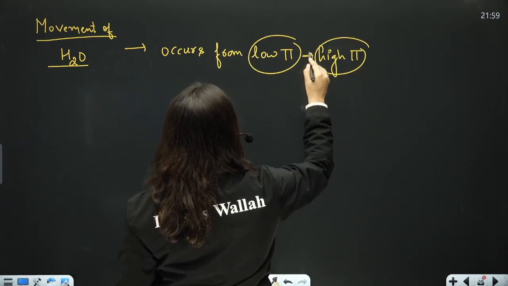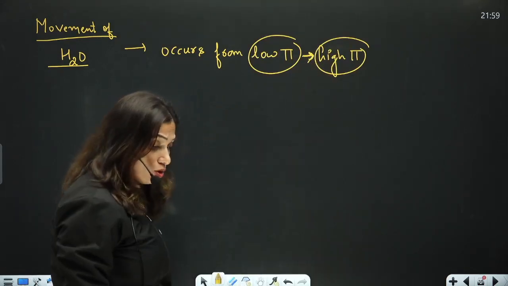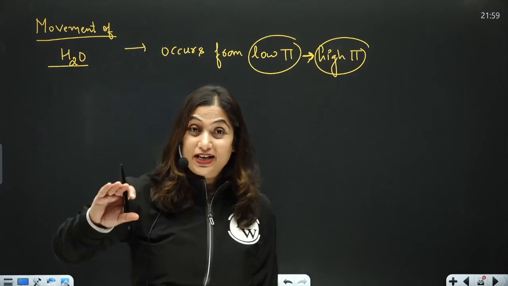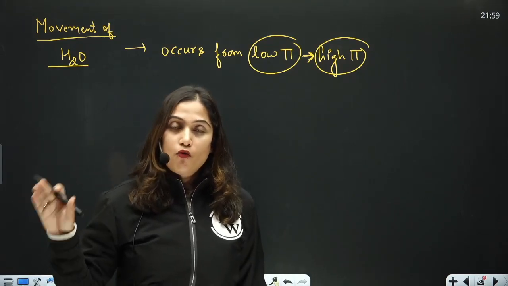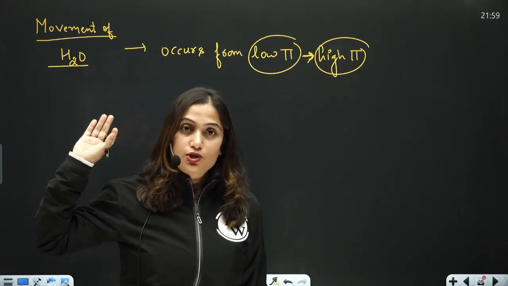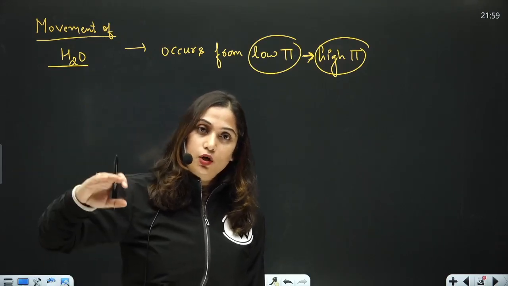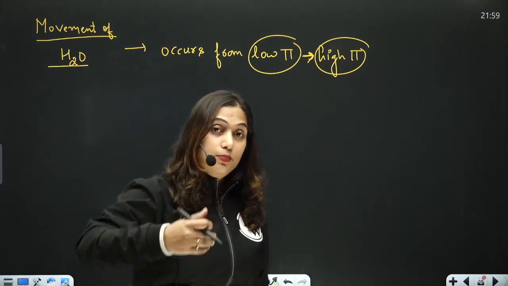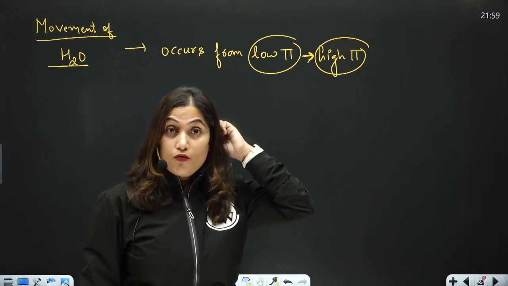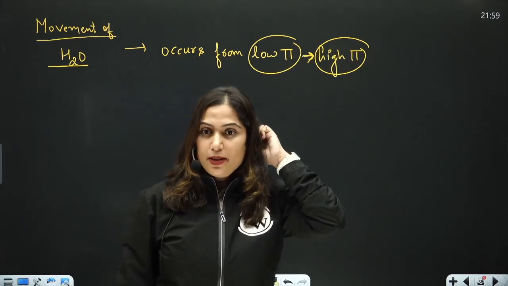Low pi to high pi. In context to water potential, water moves from high water potential to low water potential. But in context to osmotic pressure, water moves from low pi to high pi.